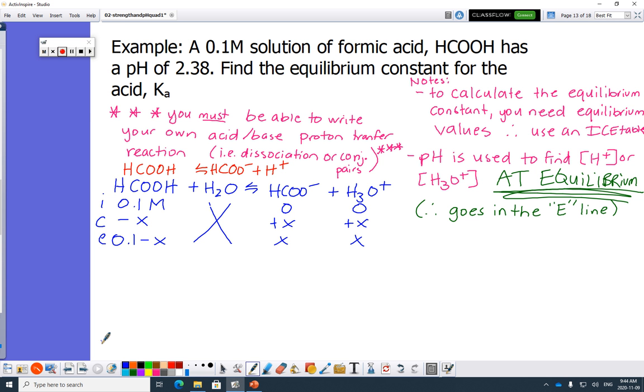So exactly the same as other questions. You either have information to give you the X value or you have the equilibrium constant. So in this case, we have the pH. So we're going to use that to find H3O plus. You could have done that first before you even did the ice table. It doesn't matter.